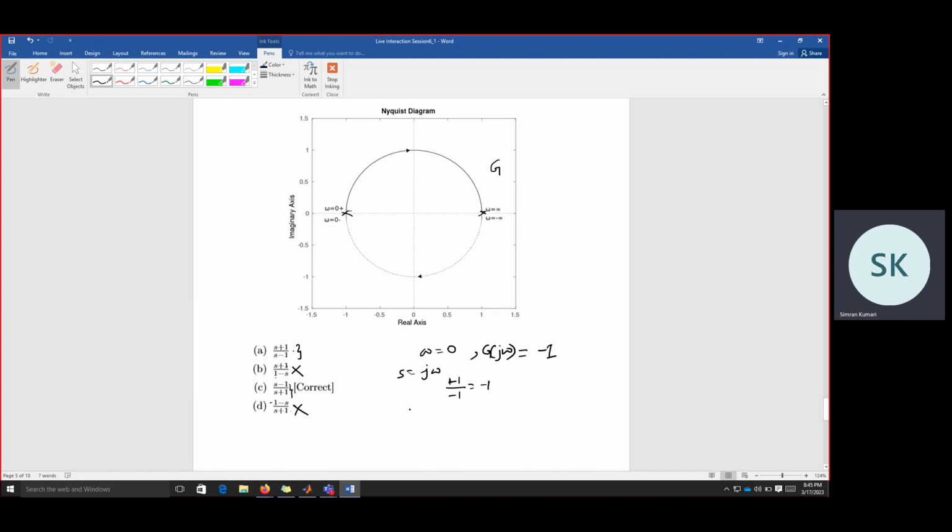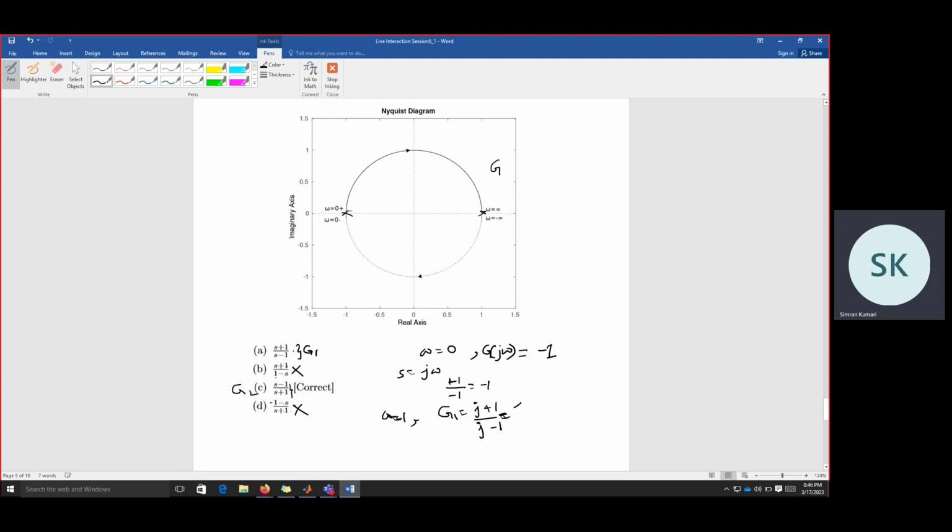Now we have to find which one of these is the transfer function. Suppose omega is equal to 1. We will find the value of G. Suppose this is G1 and this is G2. What is the value of G1? This is (j plus 1) by (j minus 1).